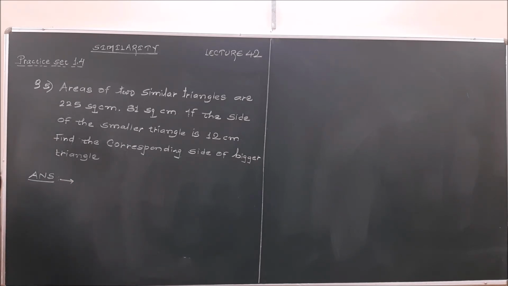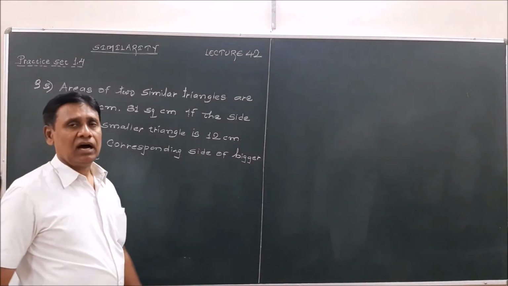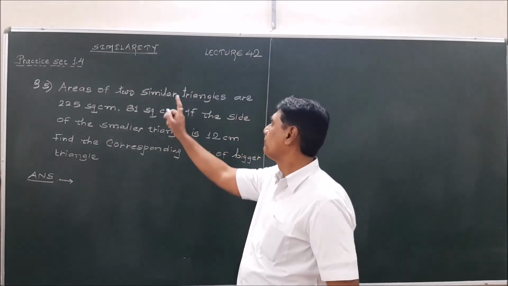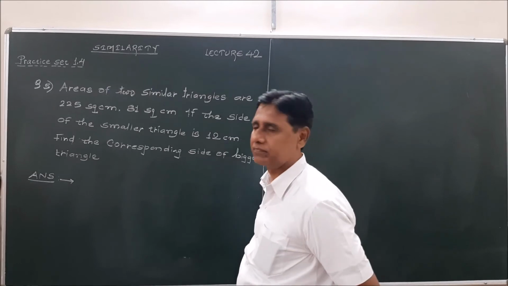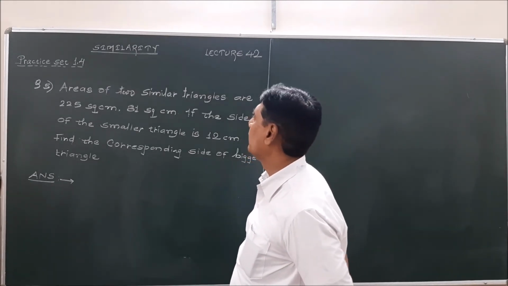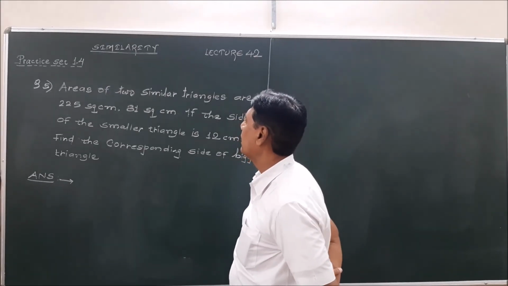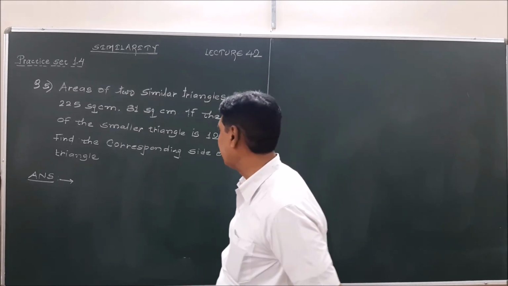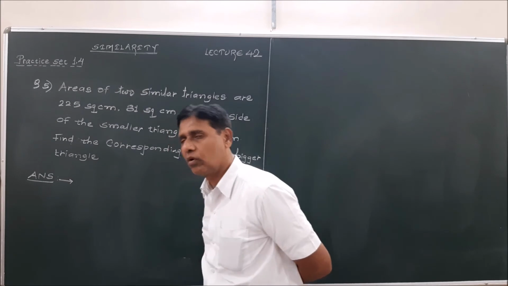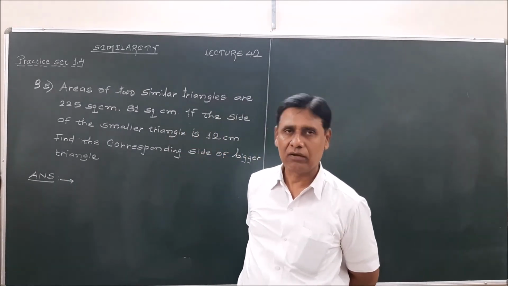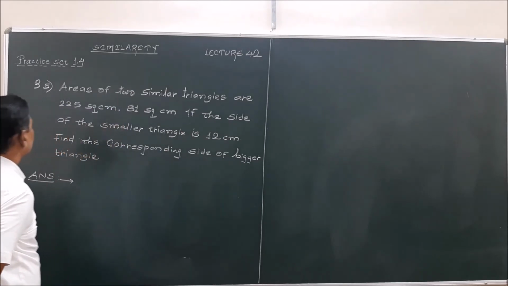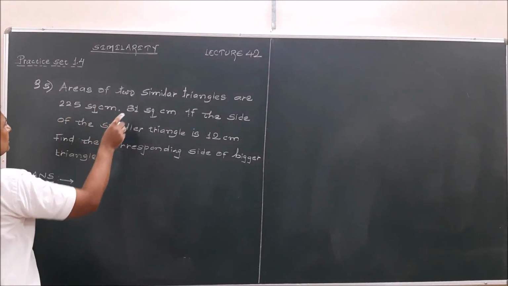The areas of two similar triangles. Again, it is very, very important. What is given? This word is important. Are 225 square centimeter and 81 square centimeter. If the side of the smaller triangle is 12, then find the corresponding side of the larger triangle. Now you will find here, students, if this is 225, this is 81.